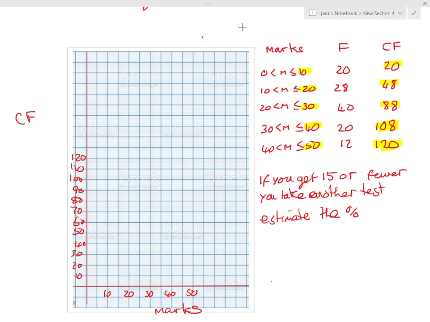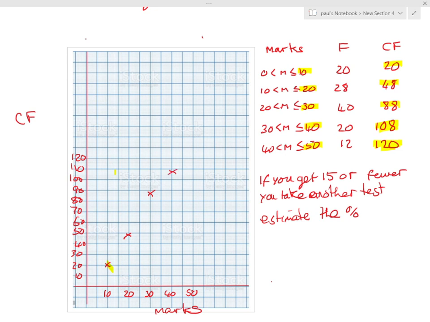So let's have a look. Now 10 and 20. 20 marks gives 48. It's about there. 30 marks gives 88, which is there. 40 marks gives 108.